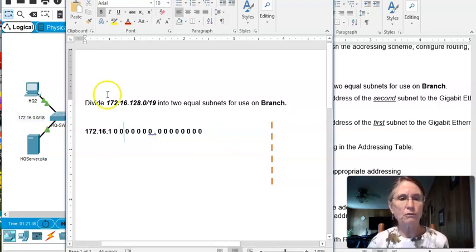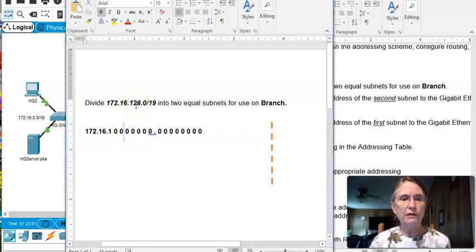So let's start with that 172 and 16. I'm just going to carry that down because we're not going to be borrowing any bits in those first two octets, so I'll leave them in their dotted decimal format.